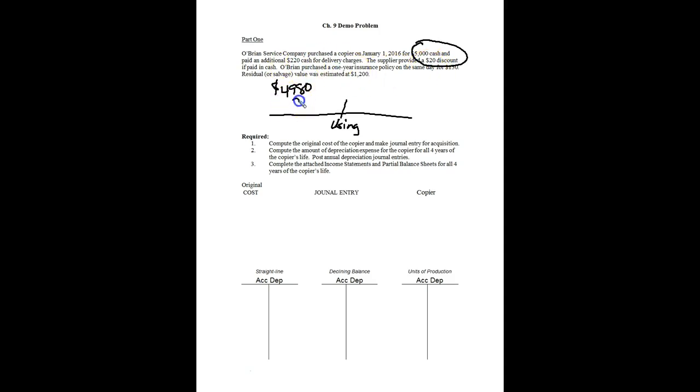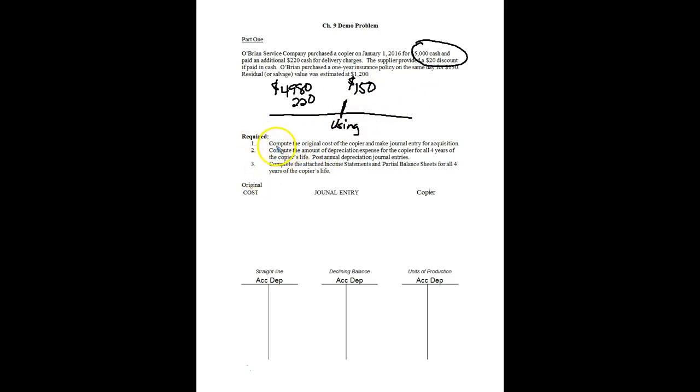Okay, we also paid delivery charges of $220. So all of those are costs of both buying the equipment and getting it ready. Then we also have this insurance policy of $150. Well, that insurance policy really applies to when we're actually using the equipment. And so it is not going to be a cost of the copier itself. It's actually going to be a cost of when we start using the equipment.